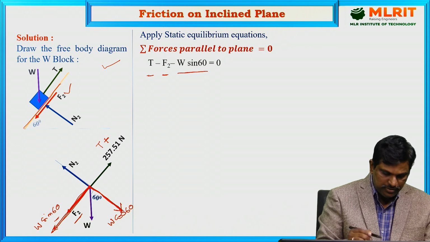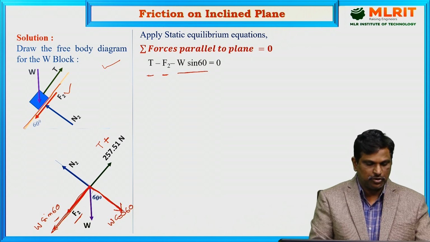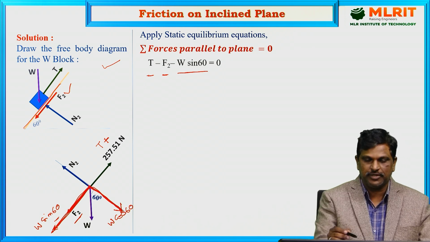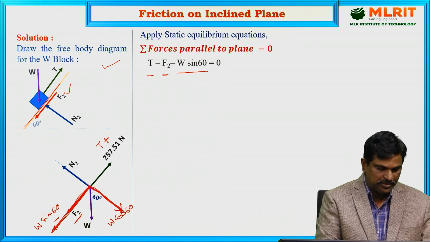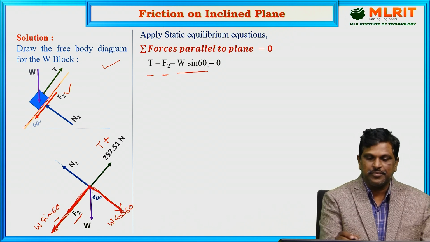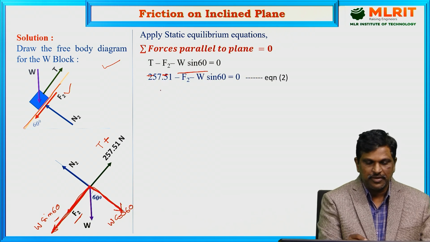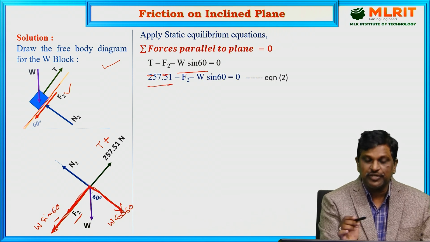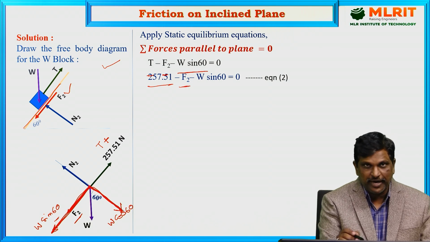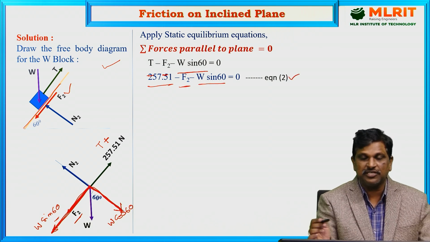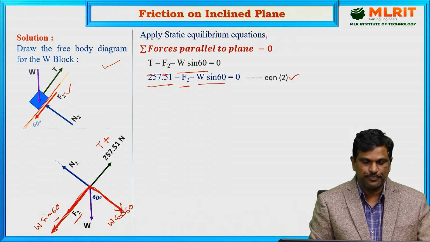The weight W is resolved into two mutually perpendicular components. One is the parallel to plane component, the other one is the perpendicular to plane component. W sin 60 is in the downward direction. T minus F2 minus W sin 60 is equal to 0. T value I am substituting here. F2 I need to find, and W sin 60. I am considering it as equation number 2.